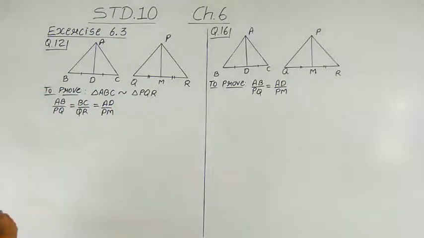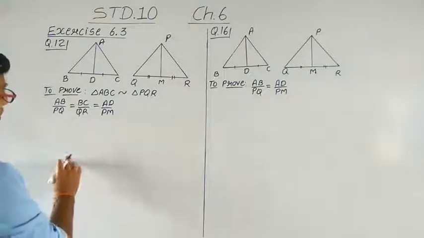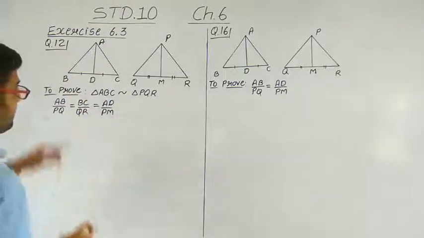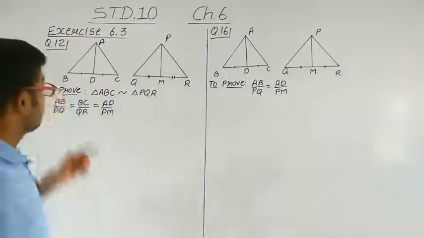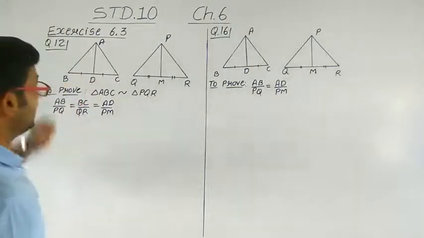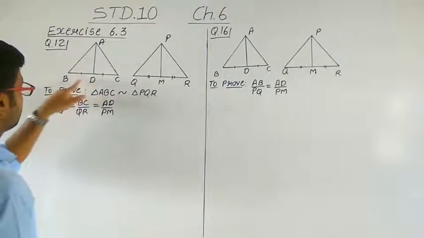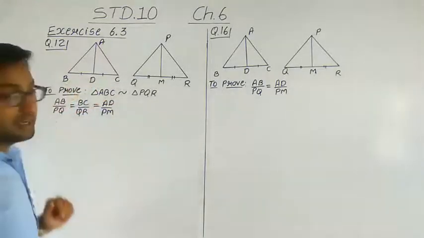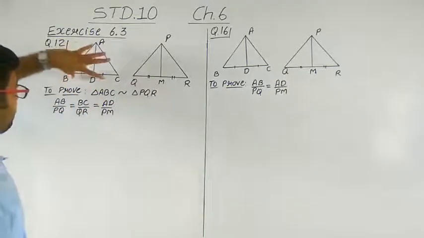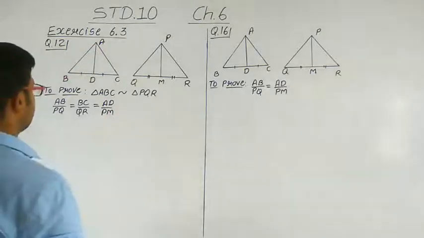See, whatever the given condition we have, we have to use it. BC is divided into two equal parts because AD is the median of side BC. So instead of BC, here we are writing the condition.